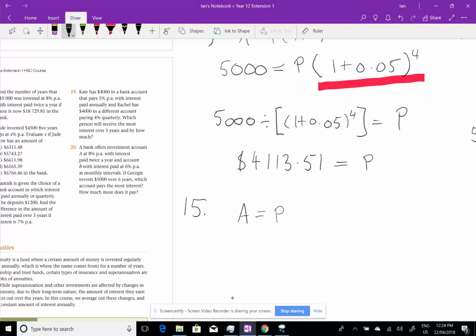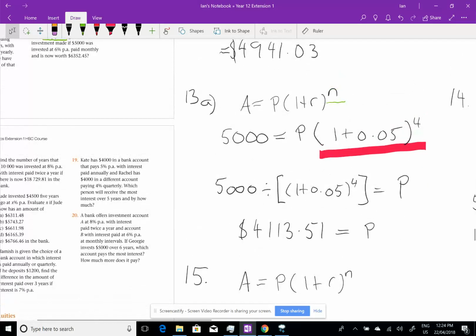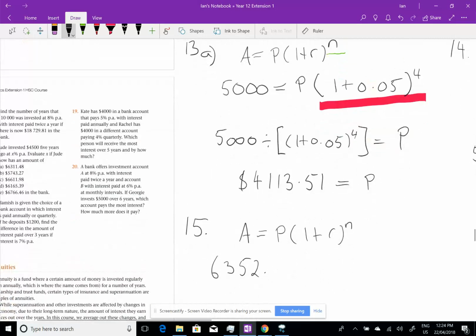A equals P(1 plus R) to the n. So, how many years ago was an investment made if 5,000 was invested? So, my amount is 6352.45.